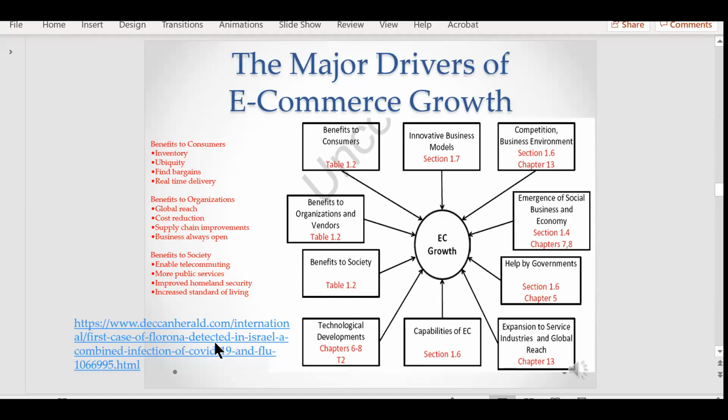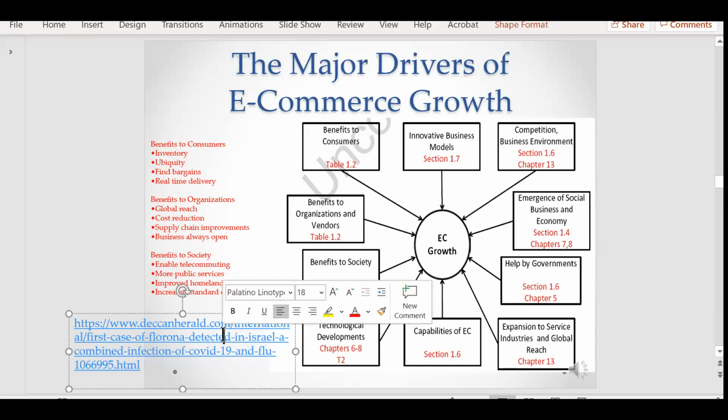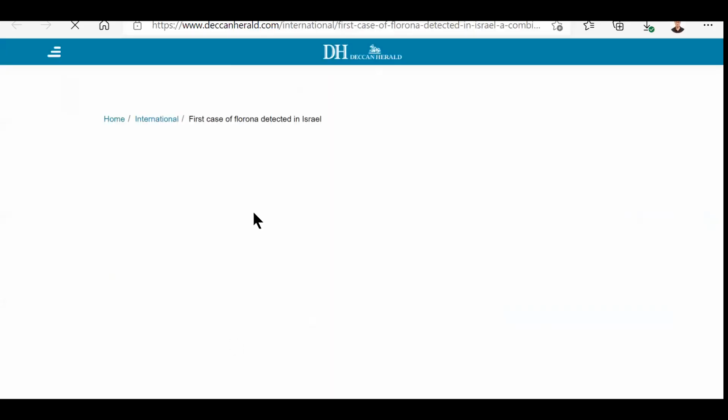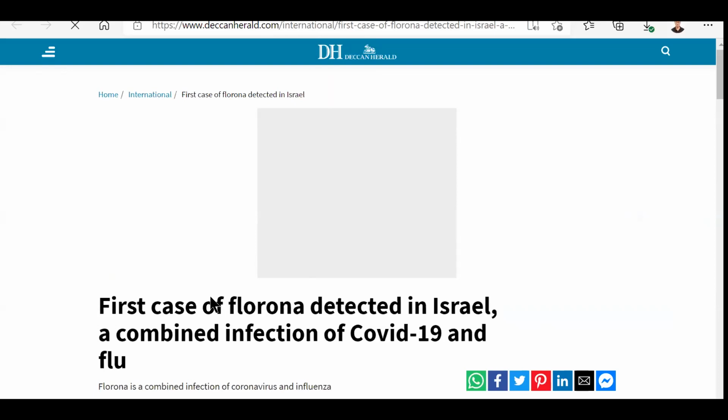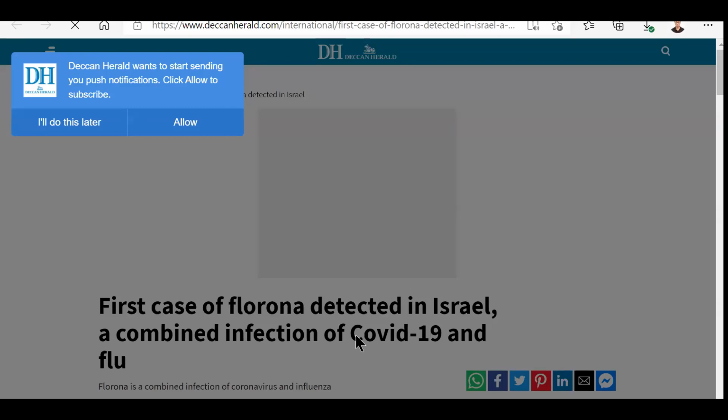Yesterday I saw the news about Israel. Can I click the link? The next one is that they have another case coming up. After Omicron will be this Corona, which is actually COVID-19 plus influenza. So now you have another variant coming in.